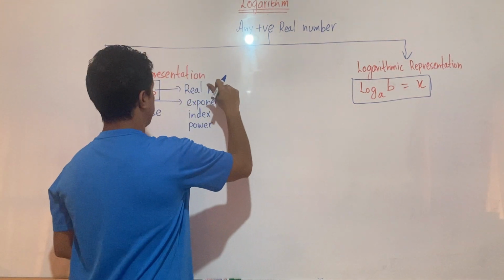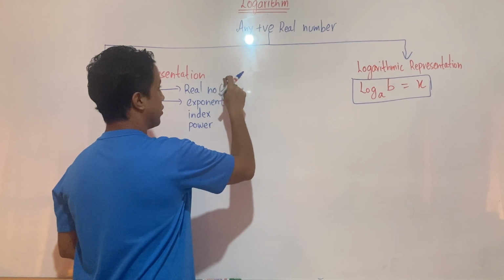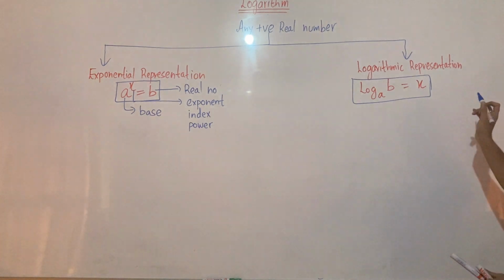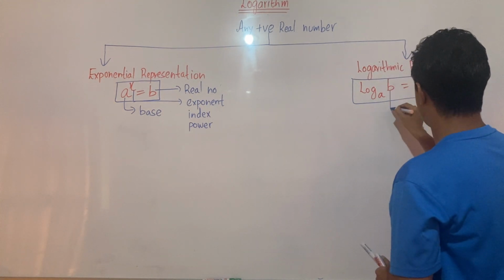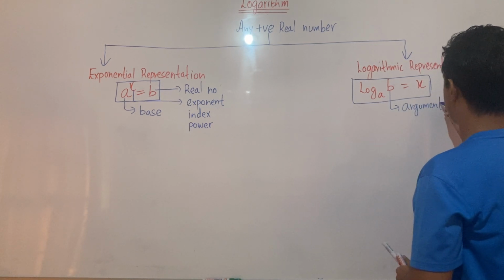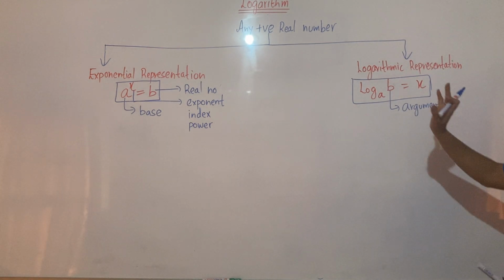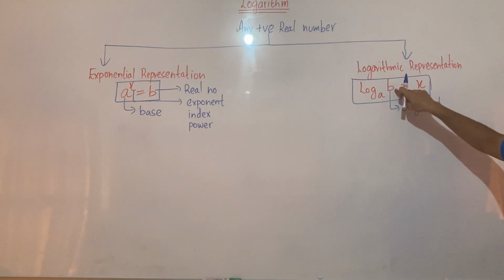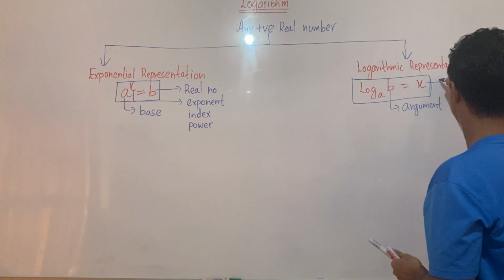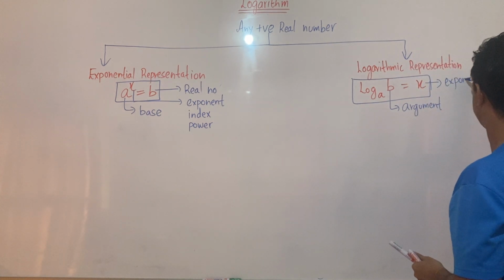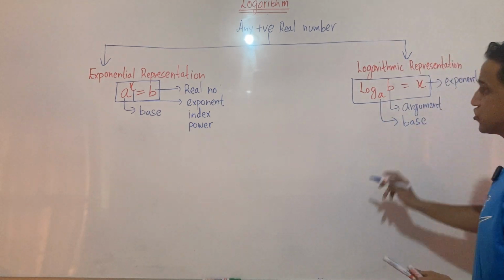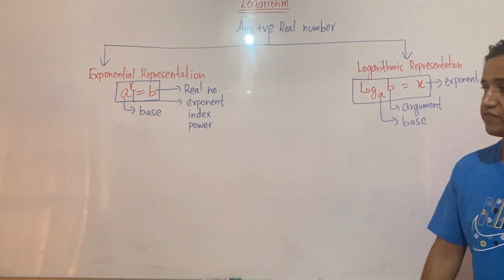Here this is going to be the real number. We'll define it later. And in the logarithmic representation, this is going to be your argument, because you are calculating the log of this number. Then this represents the exponent, and this represents the base. Both are inverses of each other.